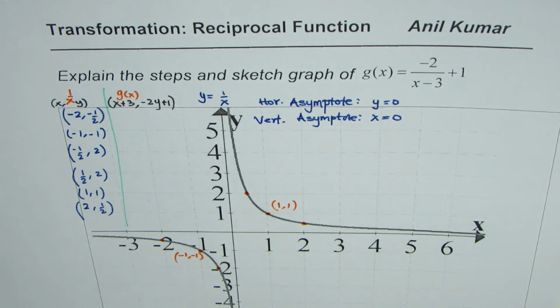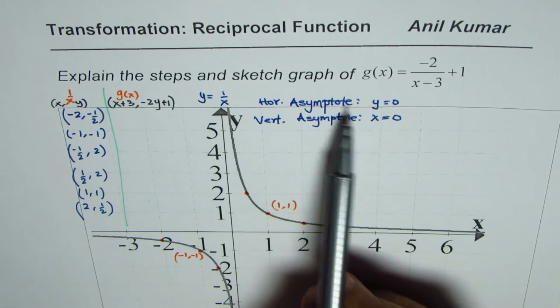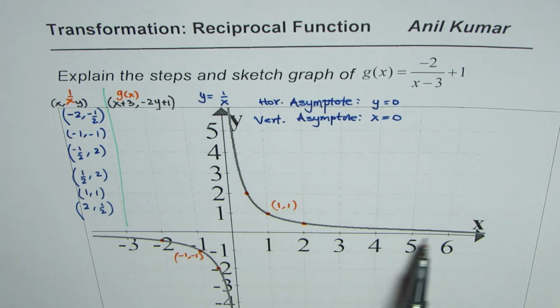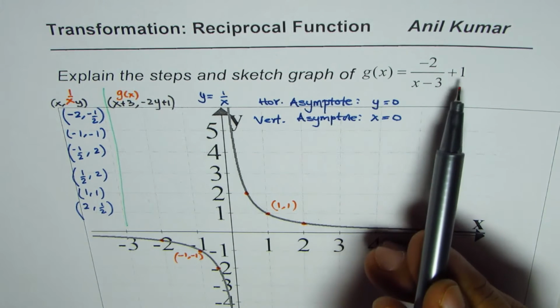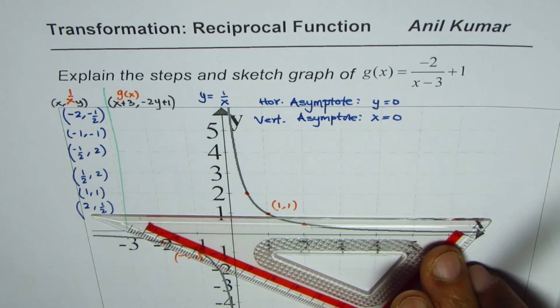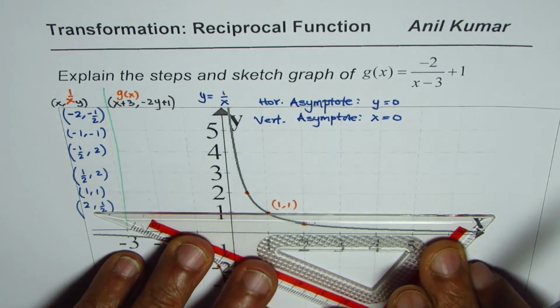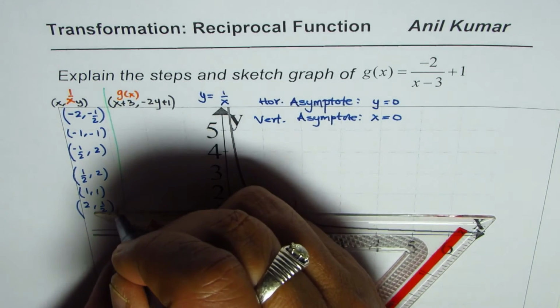Now what I prefer is to look into reciprocal functions from the point of view of asymptotes. We have a horizontal asymptote, y equals 0, this horizontal line. Now it moves up by 1 unit. So I will sketch the asymptotes first. That is what I normally do, and I think it helps.